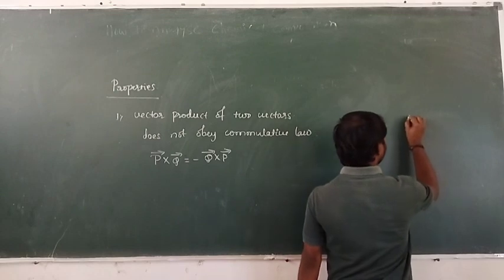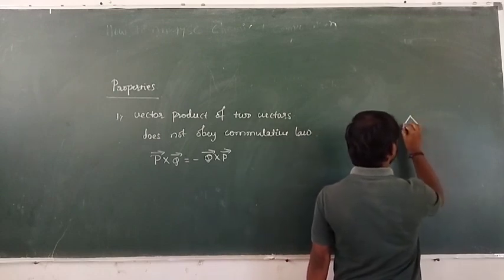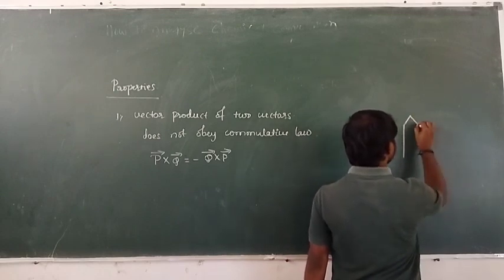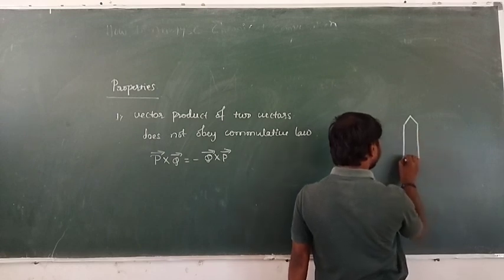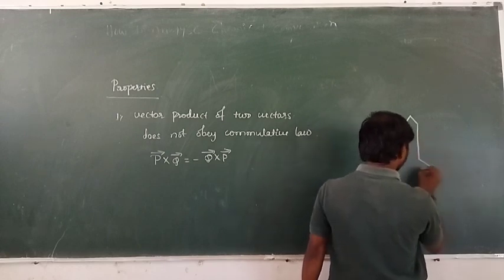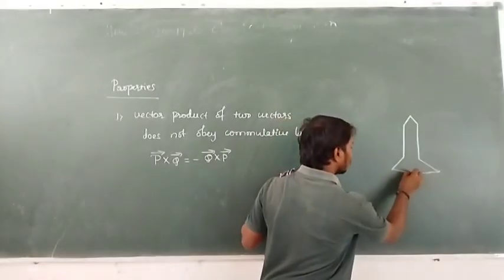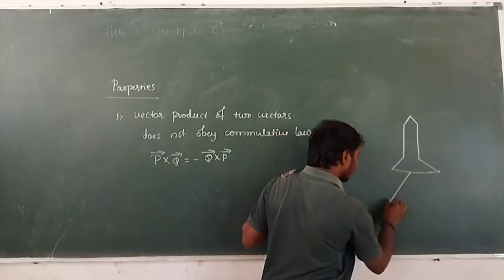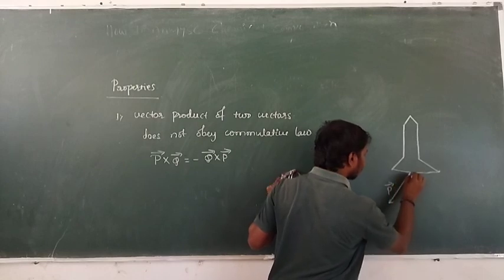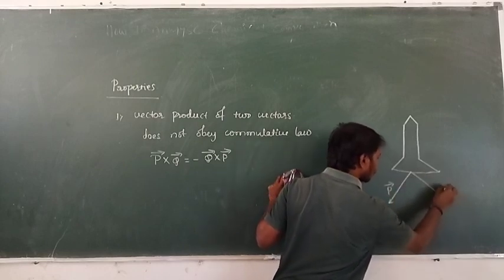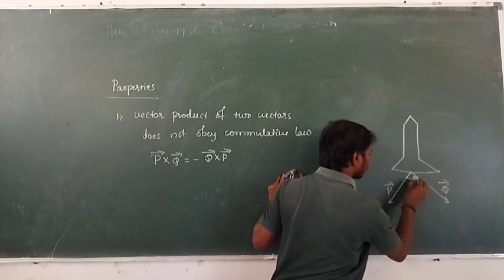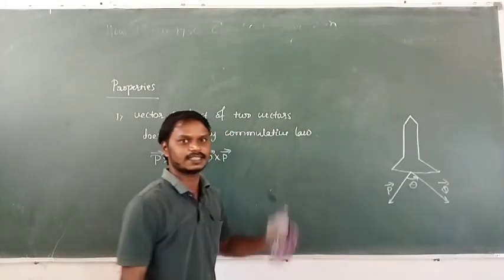So, for example, let us consider there is a screw. This screw is rotated from P to Q. Then angle between the two vectors can be taken as theta.